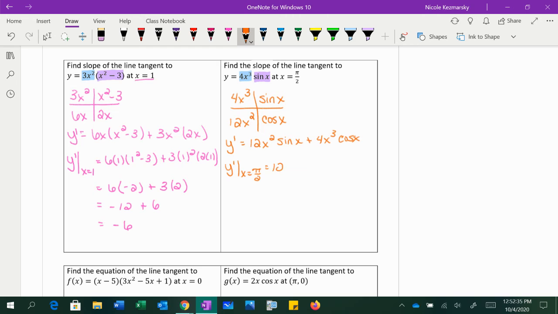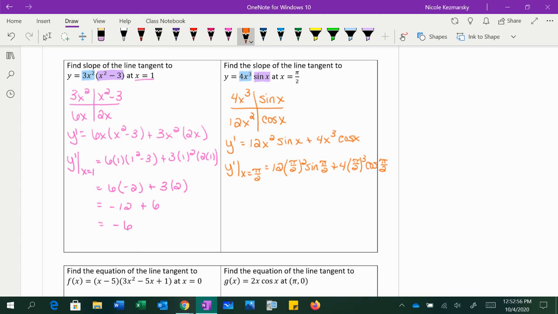So I'm going to have 12 times pi over 2 squared sine of pi over 2 plus 4 pi over 2 cubed cosine of pi over 2.